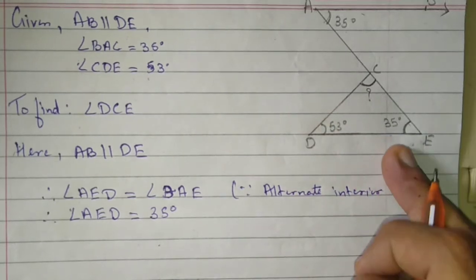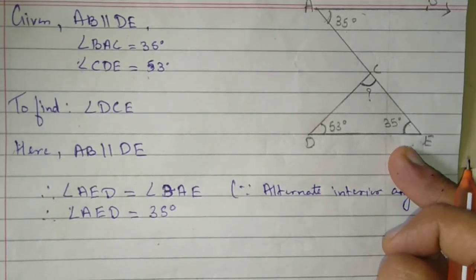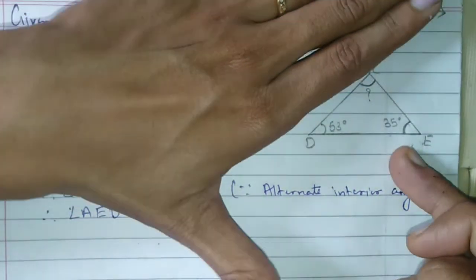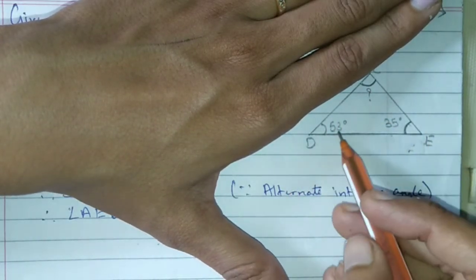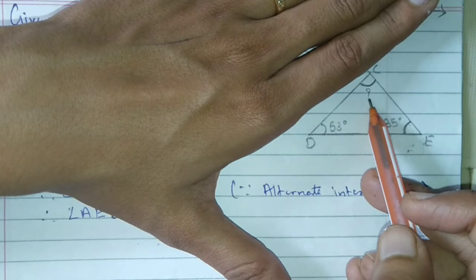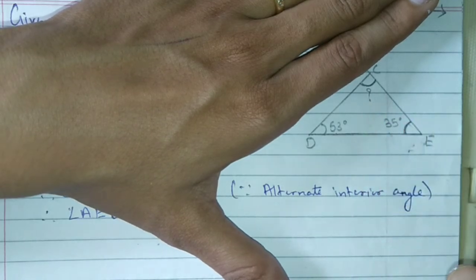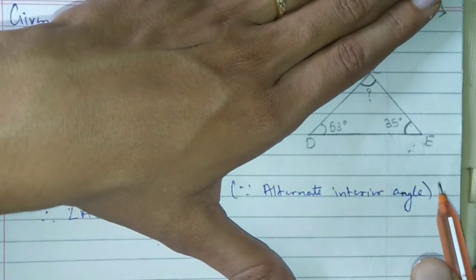So we can find with the angle sum property. This is triangle CDE. So 53 plus 35 plus angle C equal to 180, by the angle sum property of a triangle.